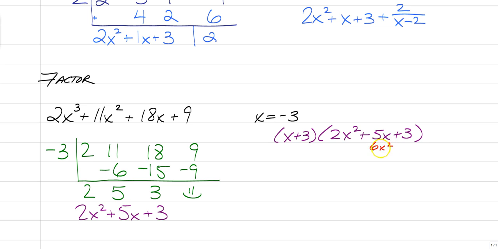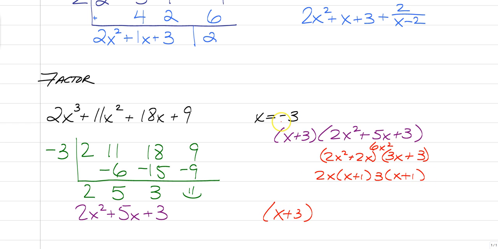So you have 6x squared, which splits to 2x and 3x. Bring down your 3, bring down your 2x squared. Factor out your GCF of 2x, leaving you with x plus 1. GCF of 3, leaving you with x plus 1. So your final answer is x plus 3. Don't forget about where the negative 3 came from. And then your 2x plus 3 and your x plus 1.